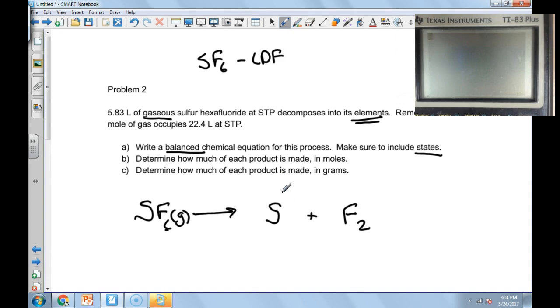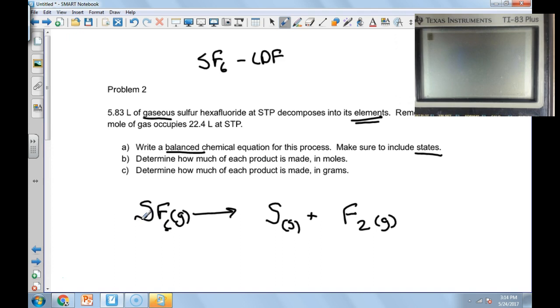Okay. Now, sulfur is a solid. You can use the periodic table for that, and fluorine is a gas. Elements, you can look at the periodic table, and you can find out if they're a solid or a gas.